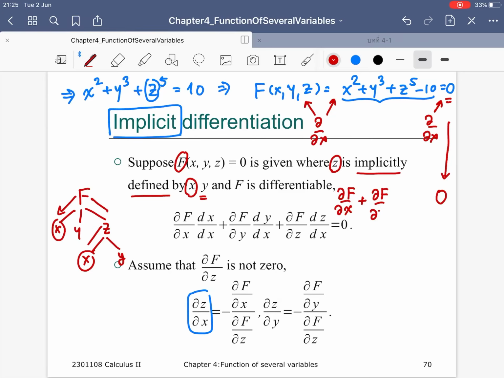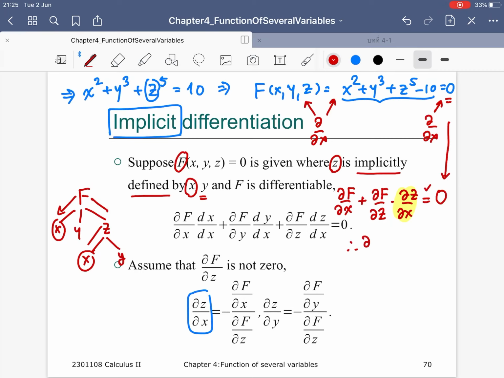So it is dF by dz times dz by dx. Because the left hand side and the right hand side are equal to each other, we get this equation. However, what we really need to find right now is dz by dx.